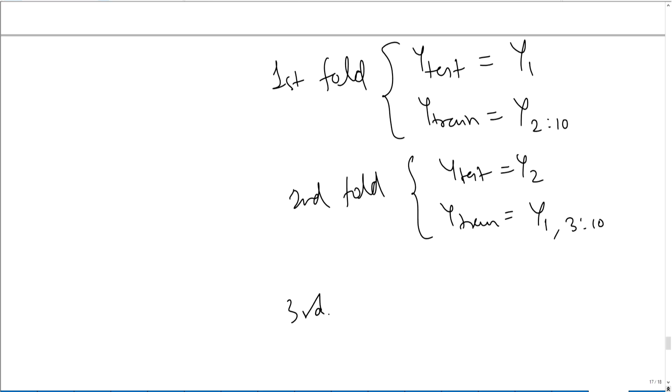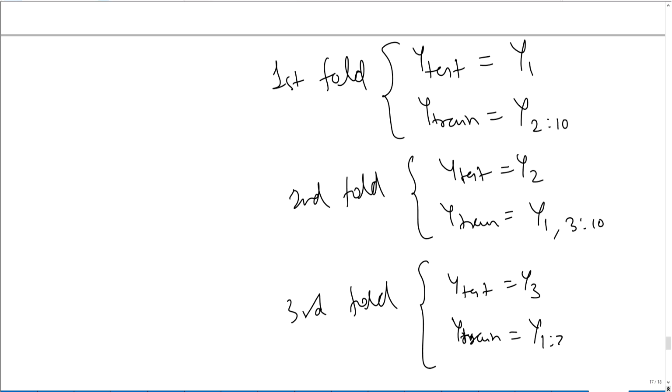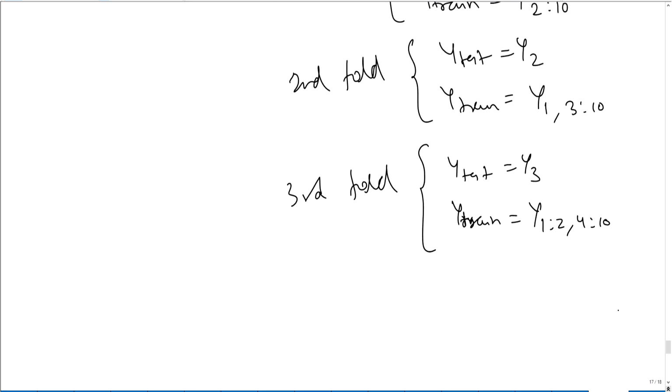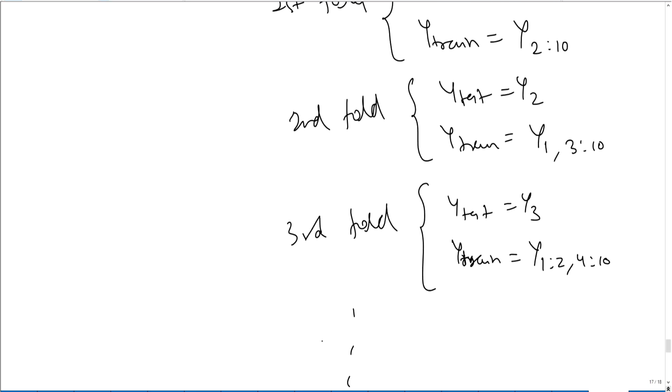Similarly, in the third fold, the test data is y3 and training data is y1 to 2 and 4 to 10, okay, and so on, right.